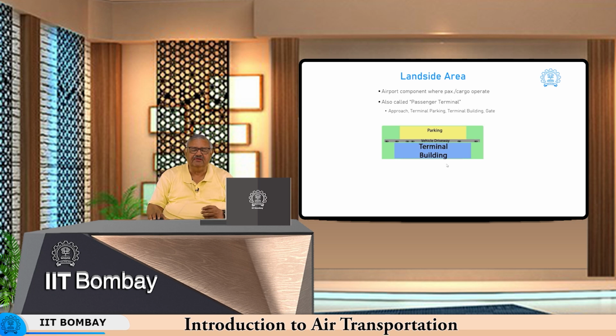Even the duty free area is also inside the terminal building after the immigration and customs. And then you have the gate, which is the last place where the passengers go. So, gates connect to the aircraft or gates connect to the apron by the ground transport or buses.